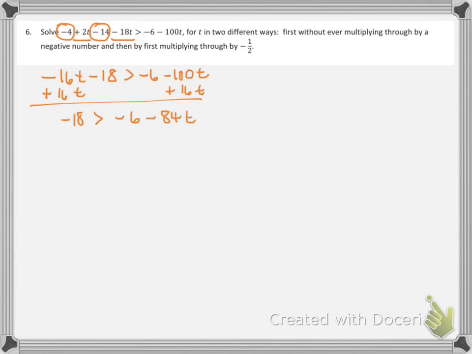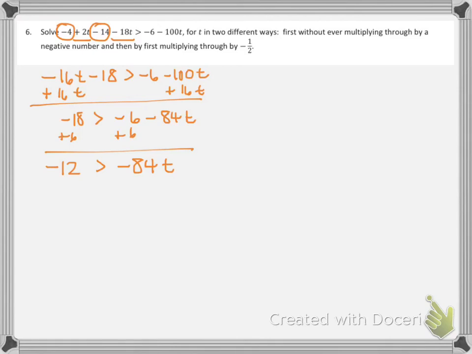And now I'm just trying to get the t all by itself, so I'm going to add 6 to both sides, and that gives us negative 12 is greater than a negative 84t.